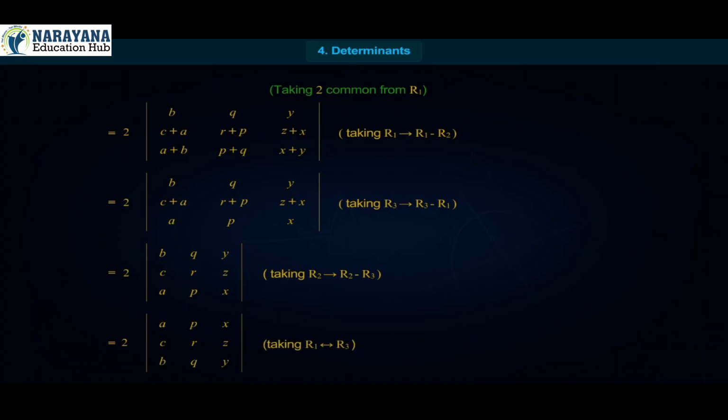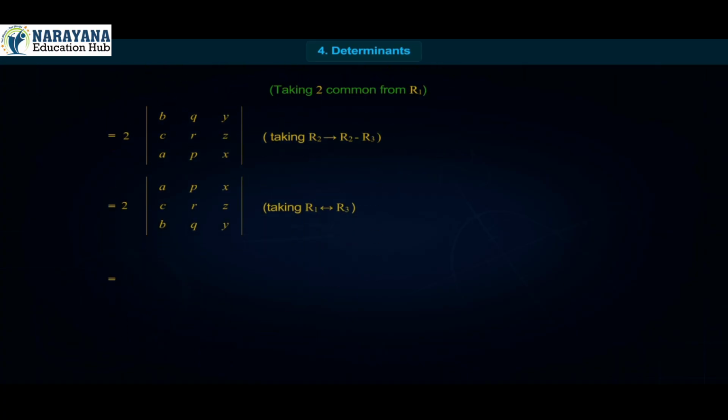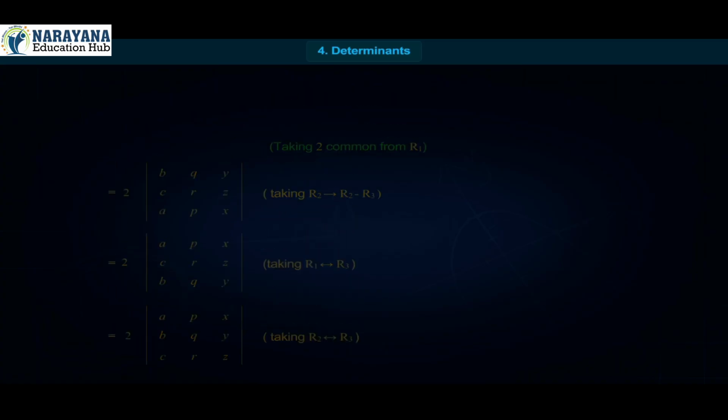Taking R1 interchange R3, it is equal to 2 into the determinant a, p, x, b, q, y, c, r, z. Taking R2 interchange R3, it is equal to the right hand side.